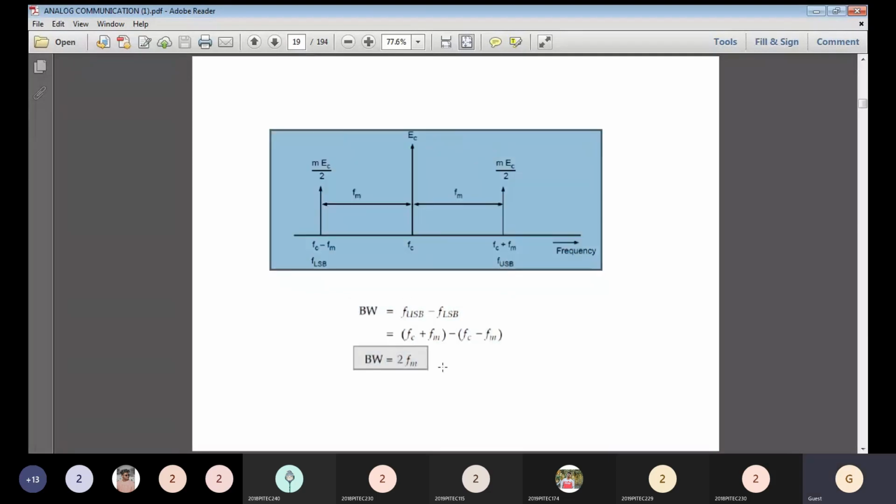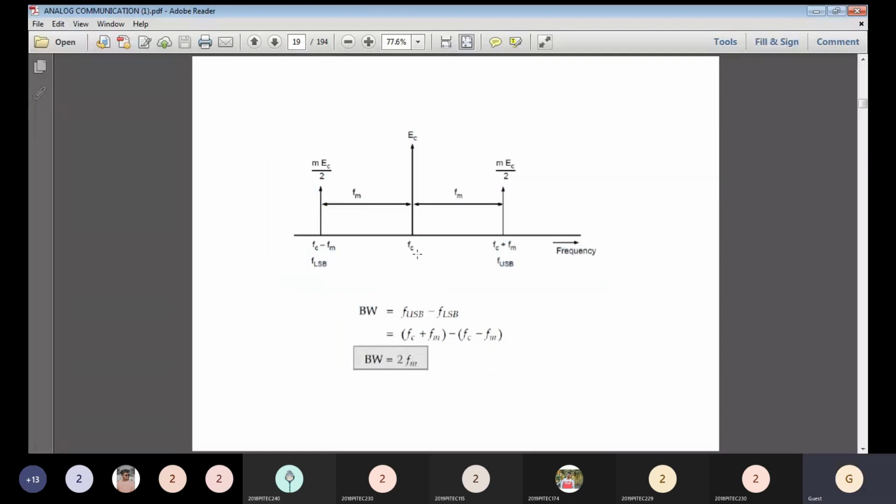Next, we can see the bandwidth. This is the diagrammatic representation of the amplitude modulated signal. Here we have three frequency components: Fc, Fc plus Fm, and Fc minus Fm. Fc is the center frequency. The first component is the Fc component, placed in the center. The next component is Fc plus Fm.